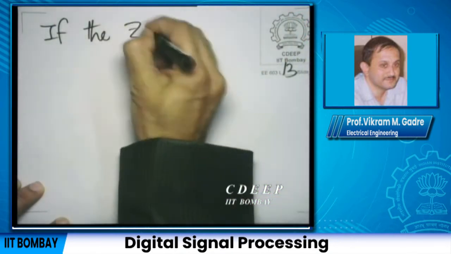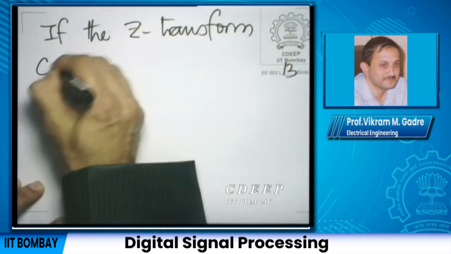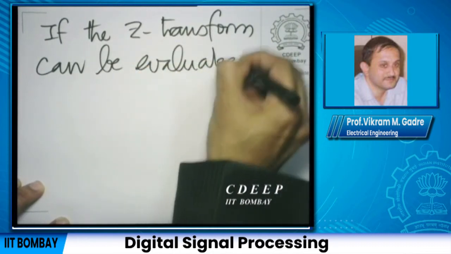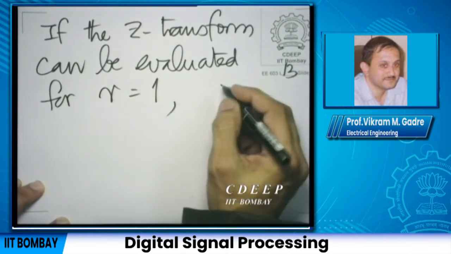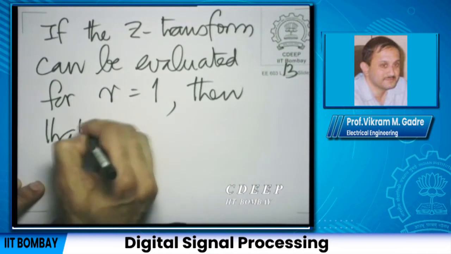If the z transform can be evaluated for r equal to 1, then that gives its DTFT.